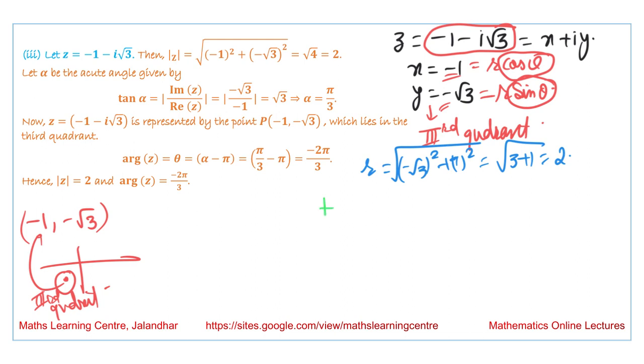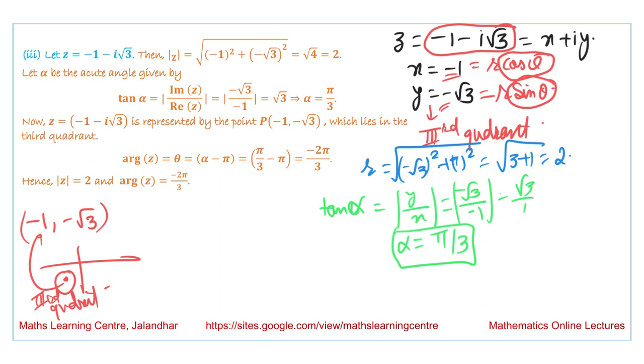Next we have to calculate tan alpha, that is mod of y by x, that is equal to root 3 by 1. So we get that the value of alpha is pi by 3. We are calculating the acute value alpha here.